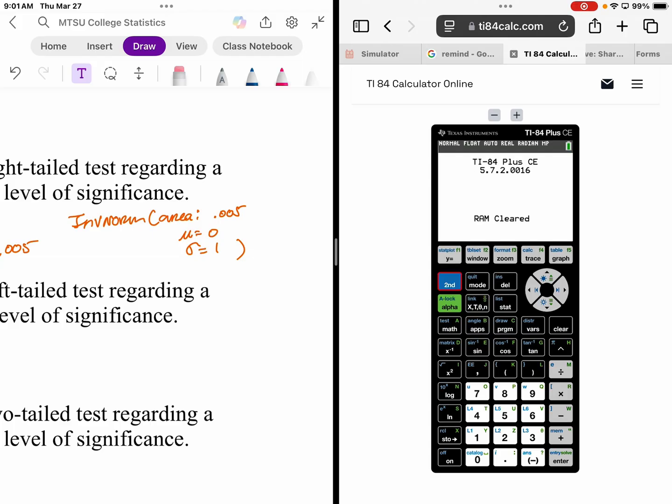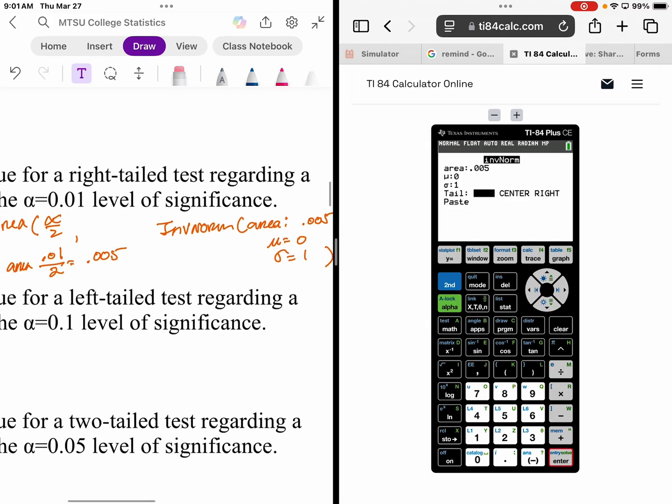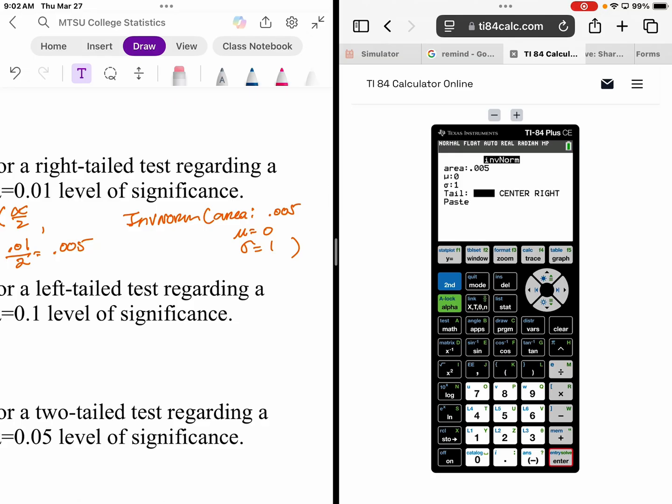We're going to go second vars, inverse norm. My area is 0.005. Leave those alone. I am doing a left tail, so hit enter. Oh, I'm doing a right tail, so never mind. Let's go over here to right tail.